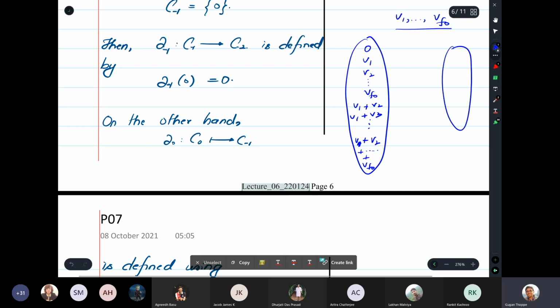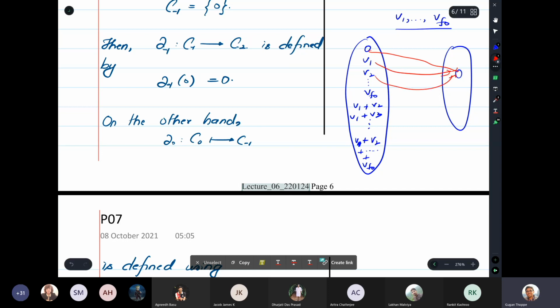On the other hand, in the codomain you just have 0. Right, so I hope you are able to see this is the situation. C0 is what I have drawn over here. C -1 in the usual homology is the trivial vector space. So again one can ask, how do I map? Again, you can see that you don't have any choice. You have to map every element in the domain to one element in the codomain, right?